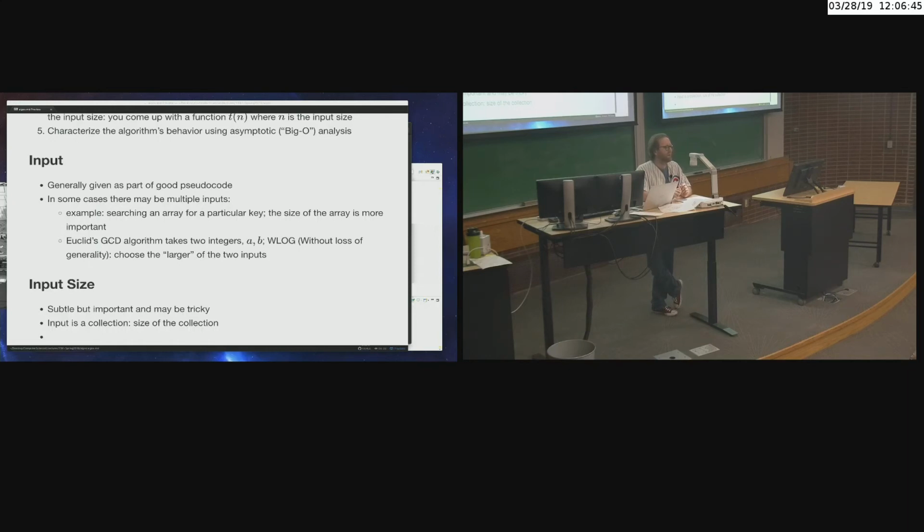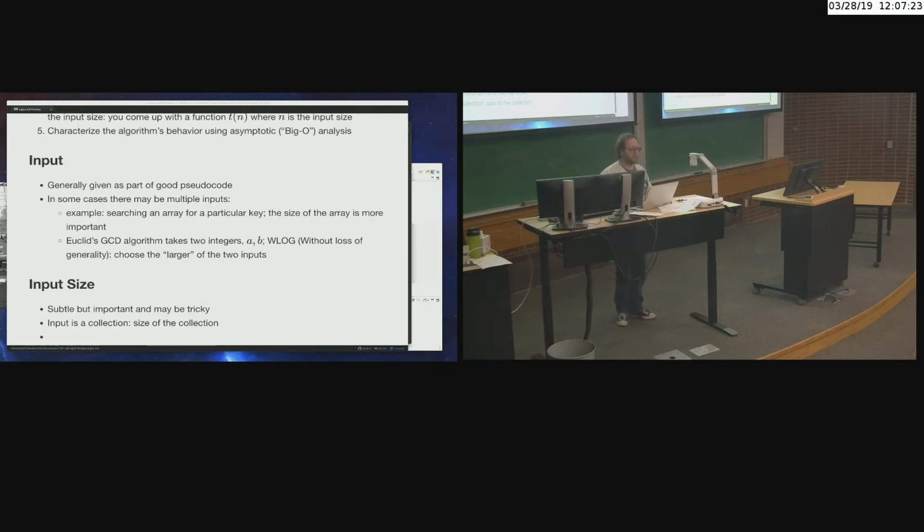What about last semester, an image, where you went through and you changed the RGB values to sepia tone or something like that? What's your input size there? That's still kind of a collection. If I've got an image that's, I don't know, 1,000 pixels by 500 pixels, then how big is my input? 500,000 pixels, right? So it would be the number of rows, or the dimensions, times the columns.